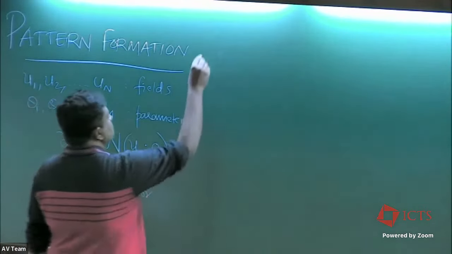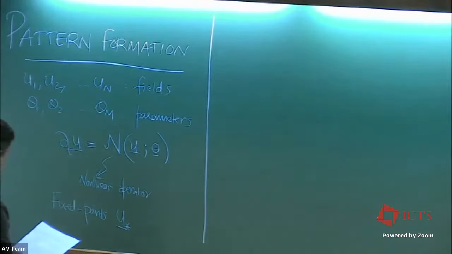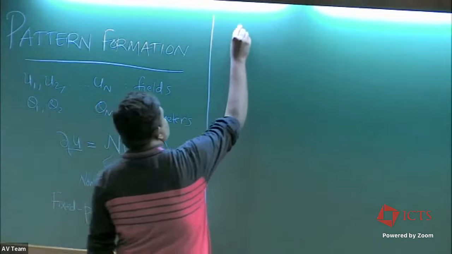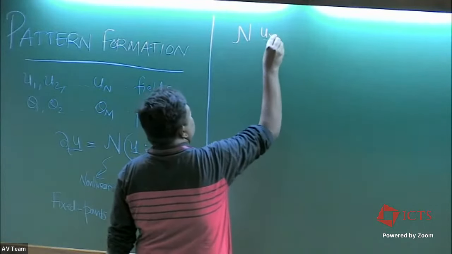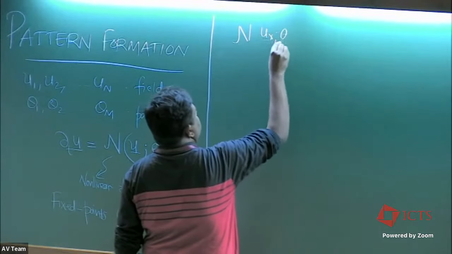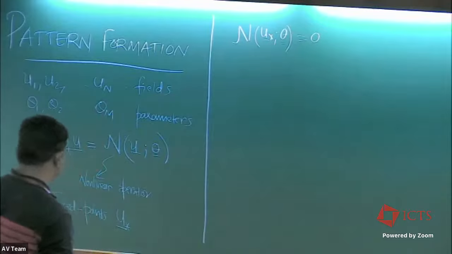And around a fixed point, we try to do the linear stability analysis. So by definition, the fixed point is such that the nonlinear operator acting on the fixed point at the set of parameters is 0. That's the definition of the fixed point.